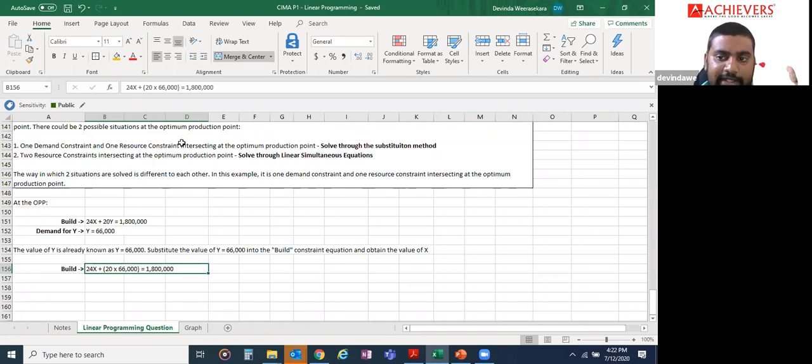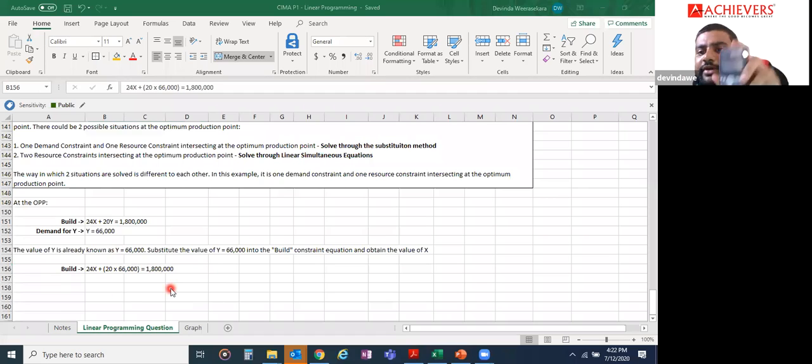So what we need to do, guys, is enter this equation into the calculator. So how do you do it? First, we have to enter 24x plus 20 into 66,000 equals 1.8 million.